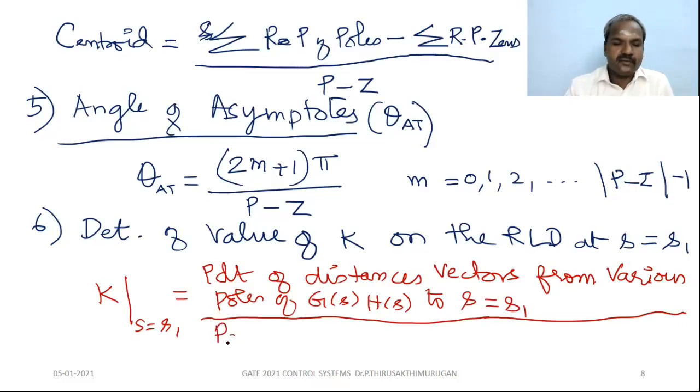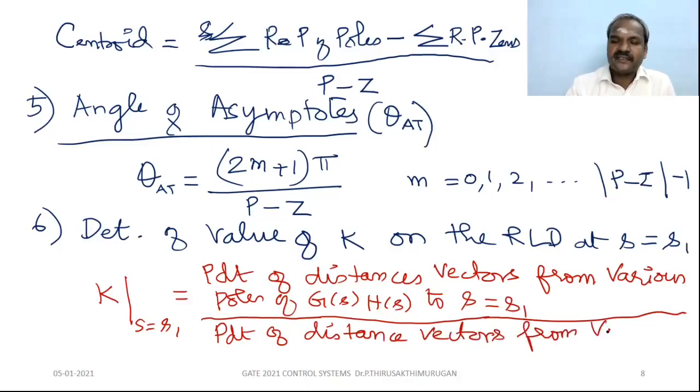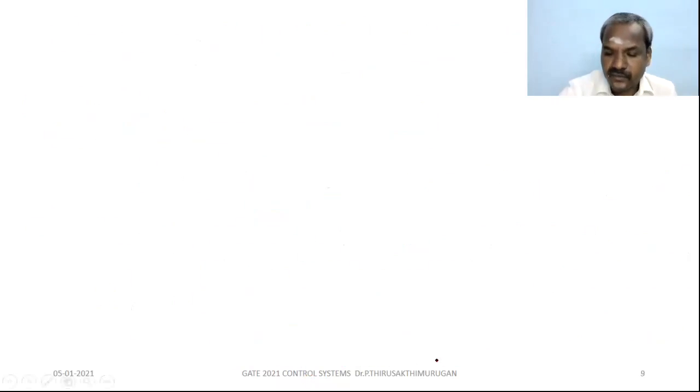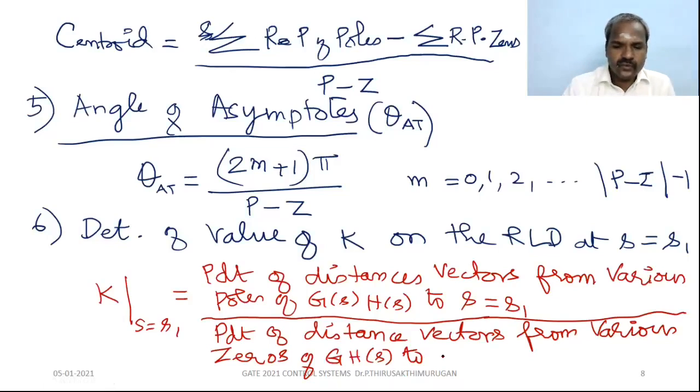the same product of distance vectors from the various zeros of G(s)H(s) to S equal to S1.